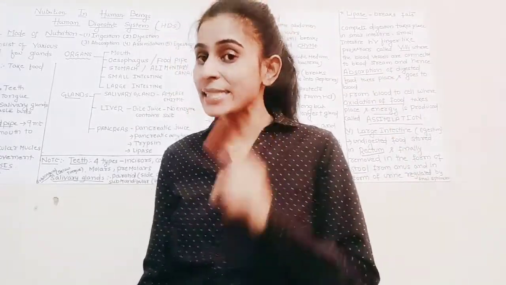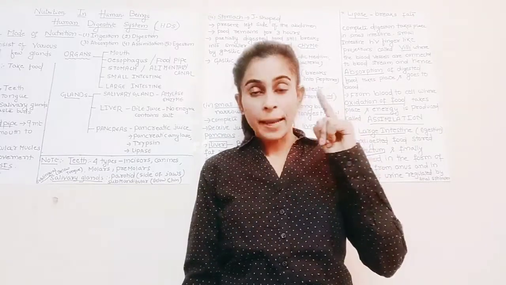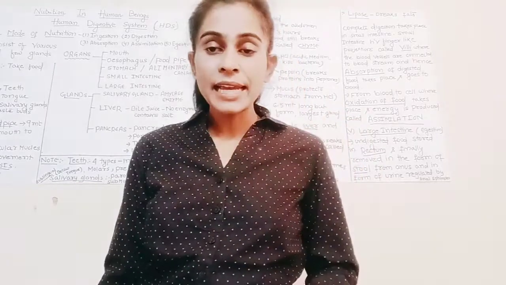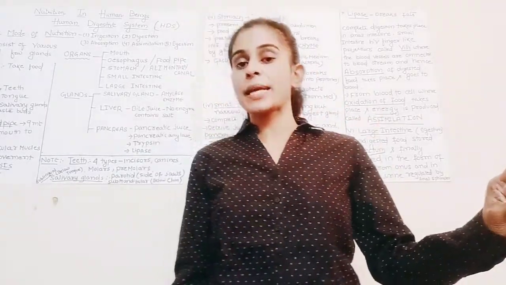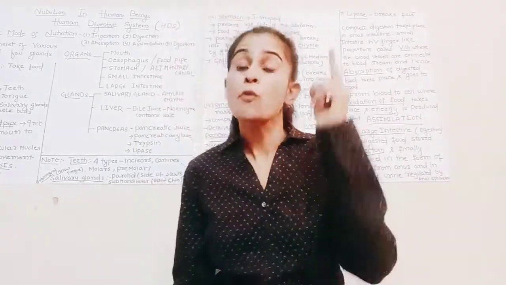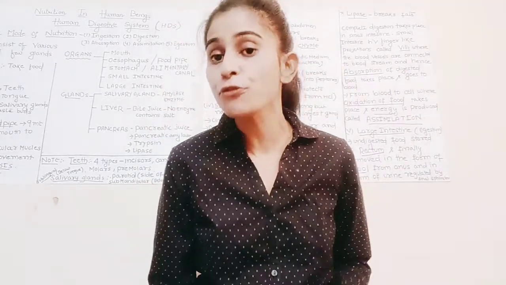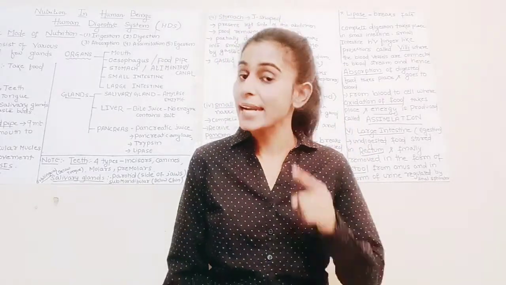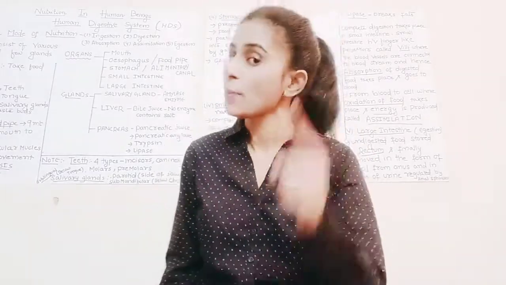The digested food is absorbed through the villi, enters the bloodstream and directly reaches the cells of the body, where oxidation of food takes place and ultimately energy is produced.